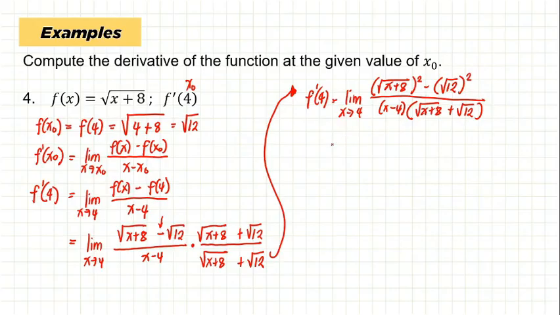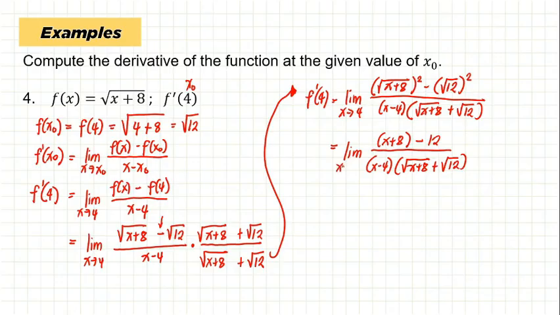So from that, we will now have the limit of square root of x plus 8 squared is x plus 8, minus square root of 12 squared is 12, all over, copy the denominator, as x approaches 4.